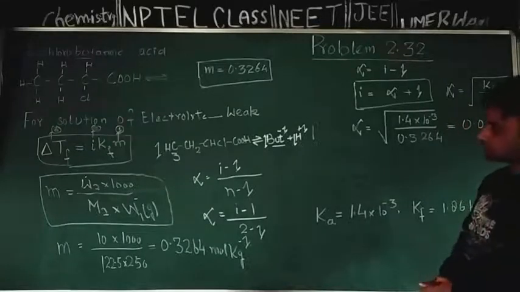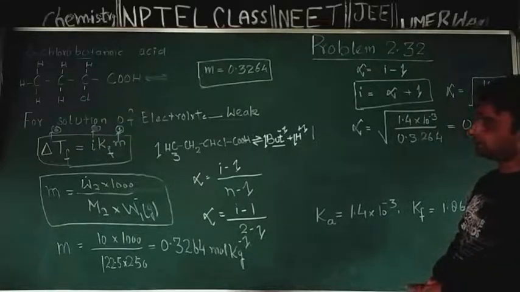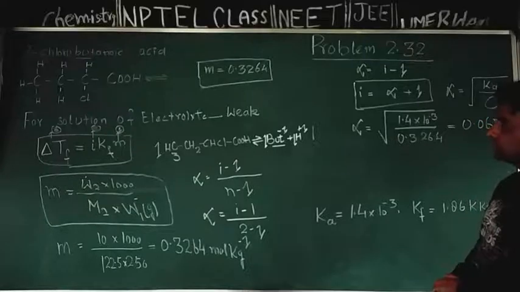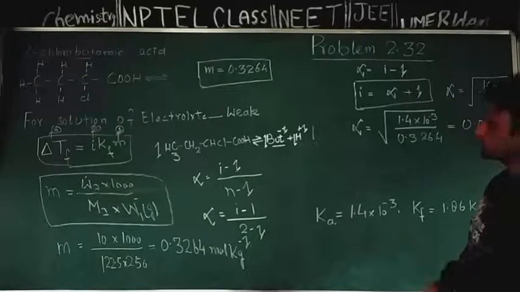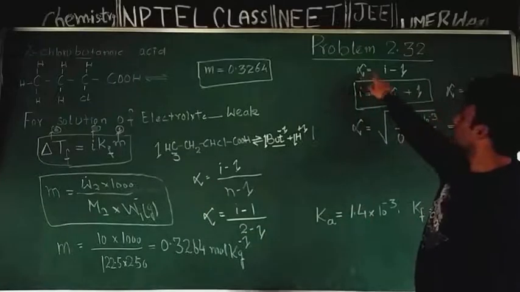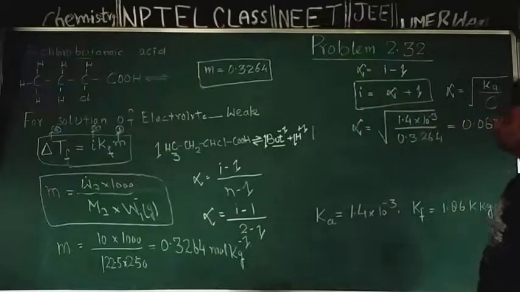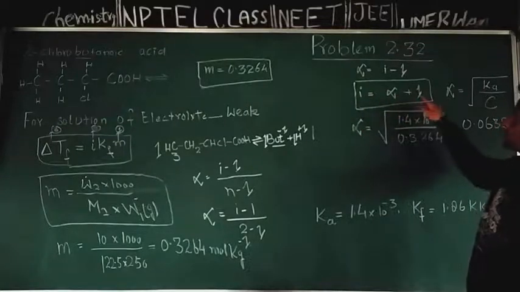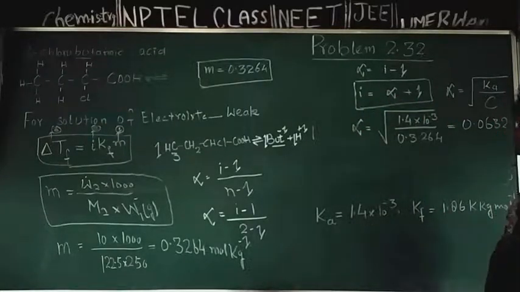Part of it will undergo ionization, part will remain unionized, and at a certain stage there will be equilibrium between ionized and unionized stage, and from that equilibrium we derive this relation between its degree of dissociation and Van't Hoff factor, that for this electrolyte Van't Hoff factor is degree of dissociation plus 1.